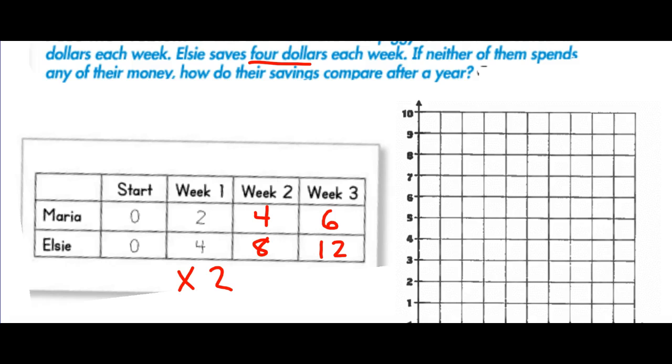So when we talk about our relationship, we have to talk about that as being double or half, depending on who you're starting with. So our relationship here would be Maria has half the amount of Elsie, or we could say Elsie has 2 times more than Maria. Okay, more than Maria.